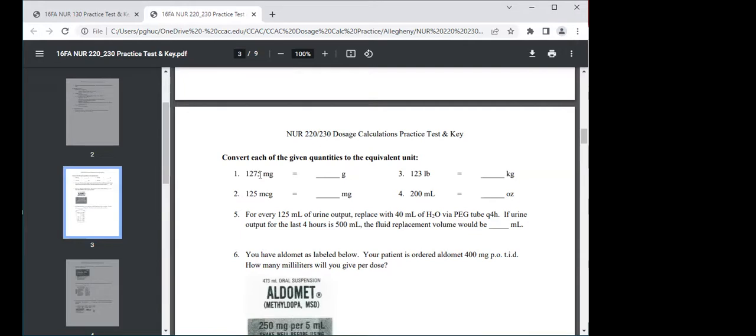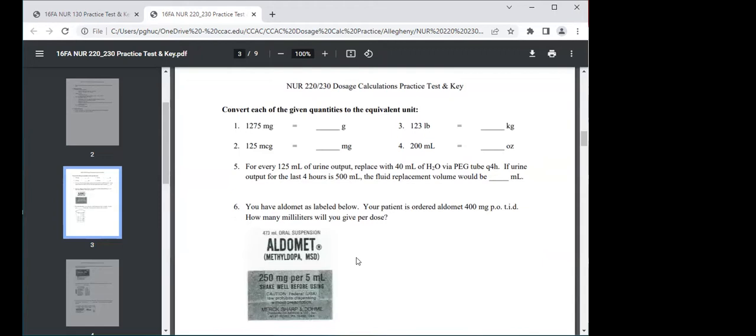The only time you're really going to round is if you're going from pounds to kilograms, so you're going between different units, then you would round to the nearest 10th. Or if you're administering a medication, then at the end of that you would do some rounding. But the basic rule is never round basic unit conversions. So milligrams to grams, micrograms to milligrams, milliliters to liters, liters to milliliters.